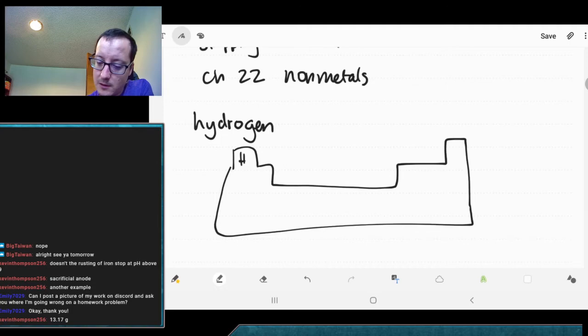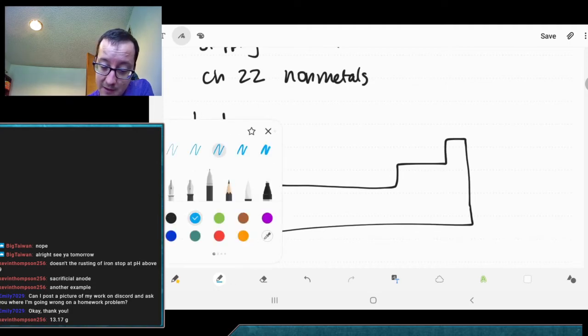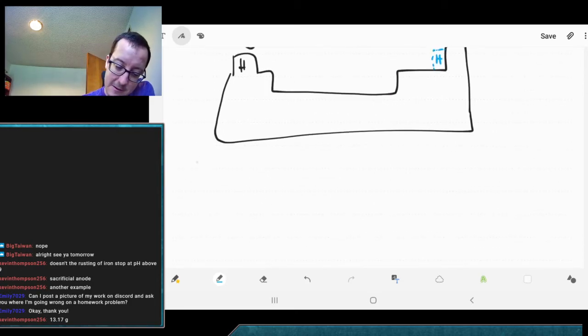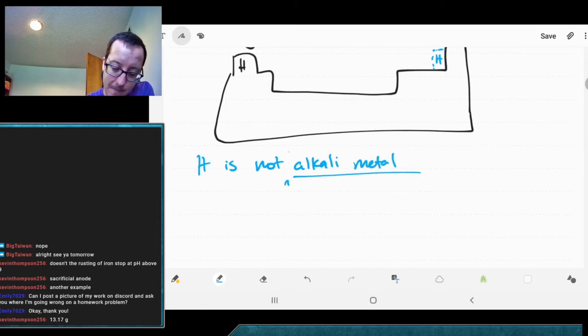Some people, though I have never seen this, put hydrogen here on top of the halides, but I don't like that. I like hydrogen over there, but it's definitely not an alkaline metal. It is not an alkaline metal by any means.